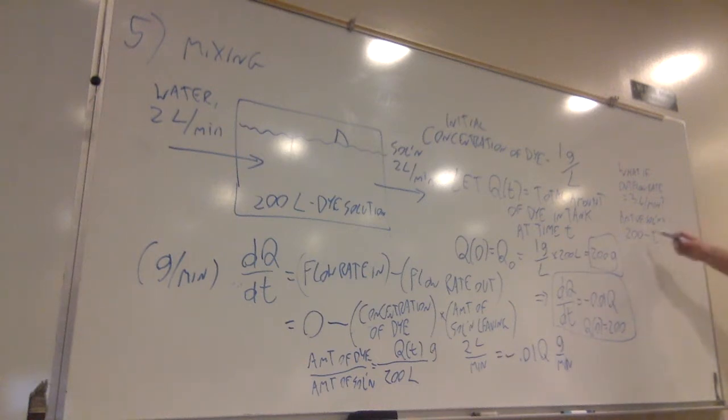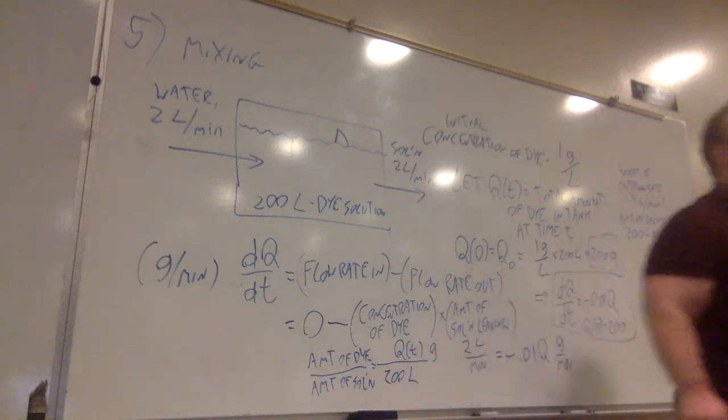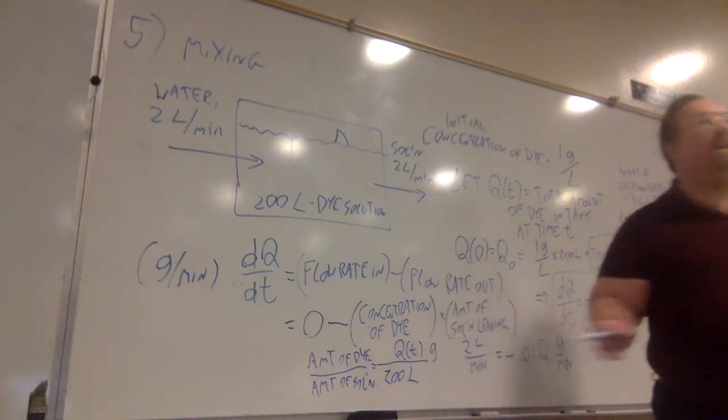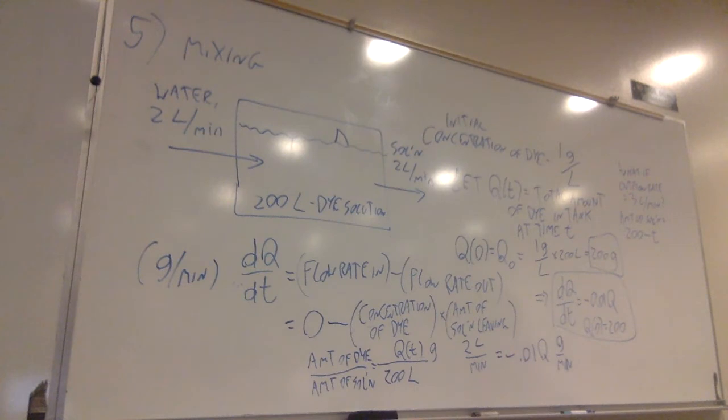So I'd have 200 minus t down there. That's how the differential equation would be affected. Because the denominator is getting smaller, the concentration of dye would be slightly increasing, just because you have that certain amount of dye in less total solution.